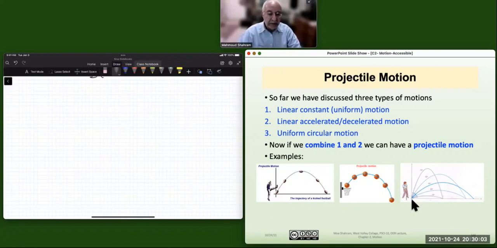Now you can send a ball at a different angle. It so turns out if you shoot the ball or hit the ball at 45 degrees, it covers maximum range. Whereas if you hit it at 75 degrees, it goes higher, but the range is going to be smaller. So this is how the projectile works.